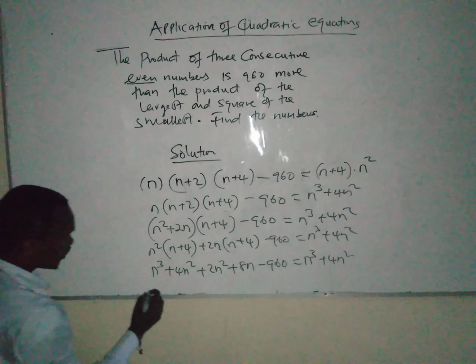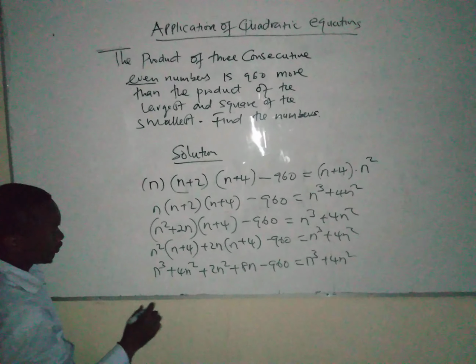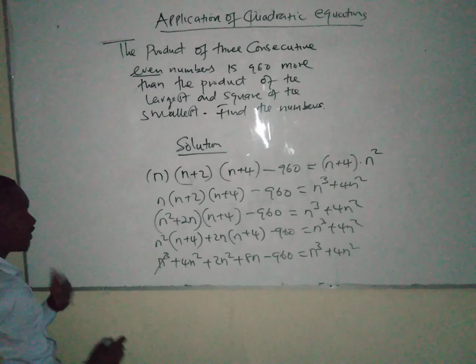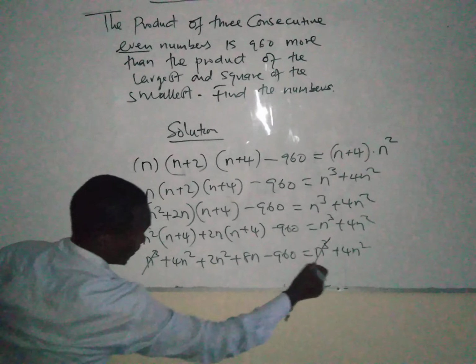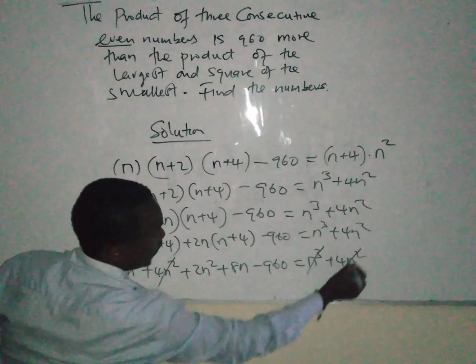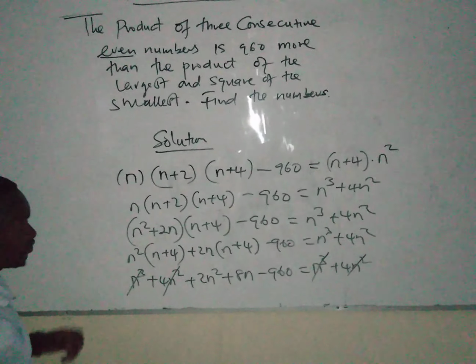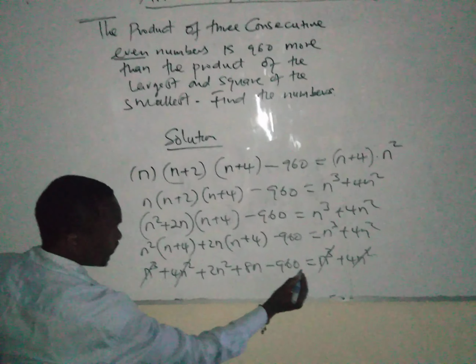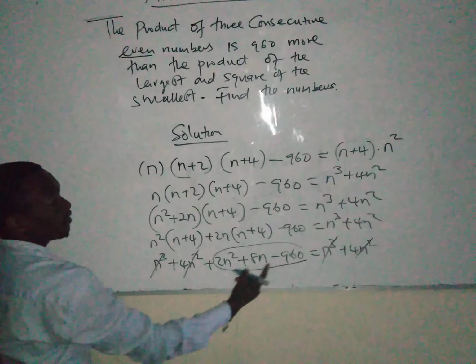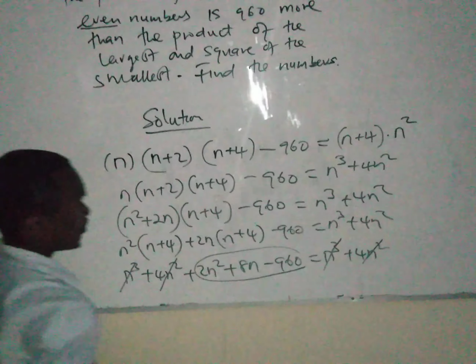Alright, so by observation, n cubed occurs on the left hand side and on the right hand side, so they can cancel. So does 4n squared from both sides, they can cancel. So the elements we are left with on the left hand side are 2n squared plus 8n minus 960 is equal to 0.